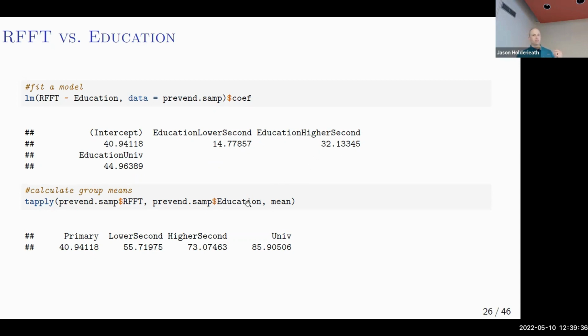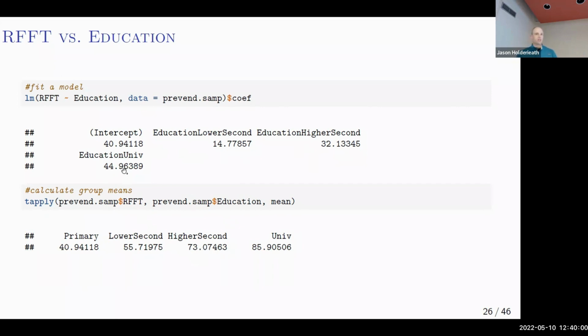They could have higher secondary. So maybe another observation has a 1 in this column and zeros in this column. Okay, so that means that this education level has a 32.13 unit score higher than this base group, which is the primary. And we look down here and we see that, 32 points a bit higher.